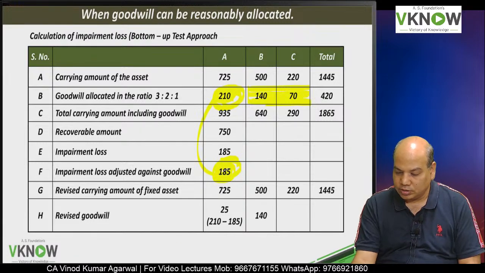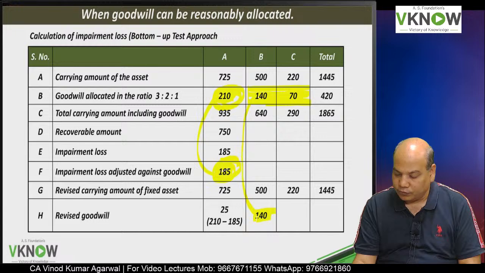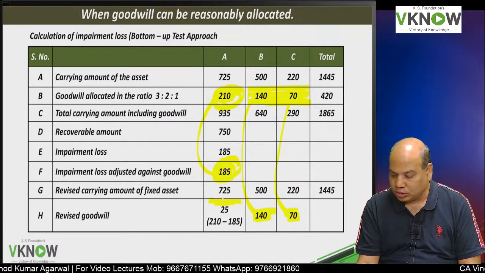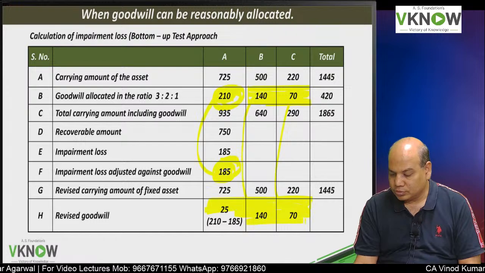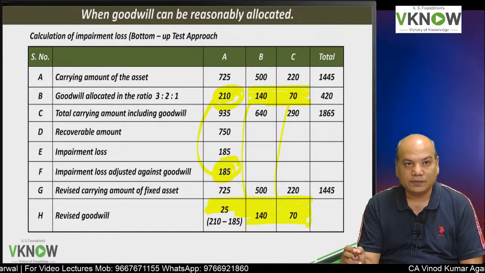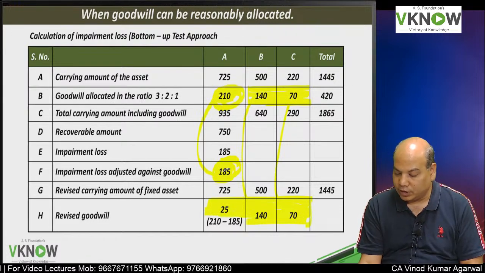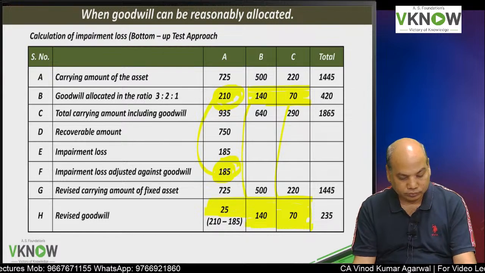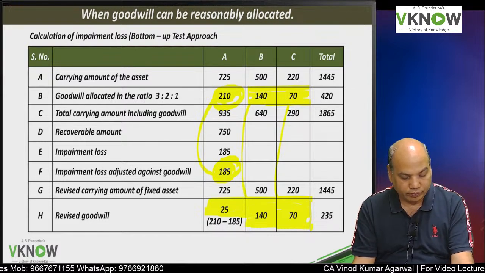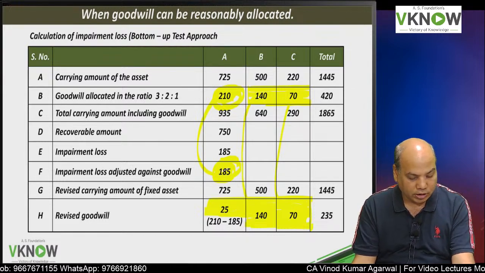So I am going to take the same 140 here, and the same 70 here. Now you tell me the total value of goodwill. Come on. Total value of goodwill after impairment will become 25 plus 140 plus 70. Come on, student. What is the answer?